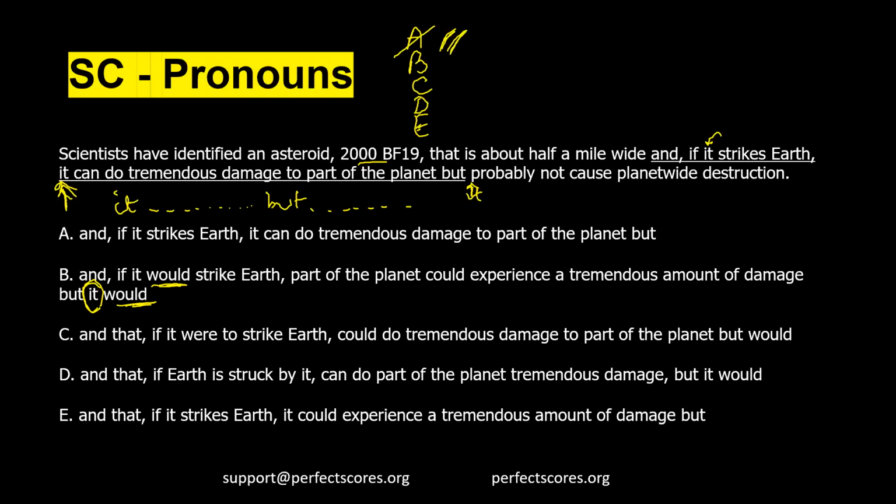I hope the other students were able to identify this problem with B: if you look at it, "it" can actually refer to Earth as well. Grammatically, it makes sense. Meaning-wise, maybe it doesn't. But grammatically, the sentence would be correct.